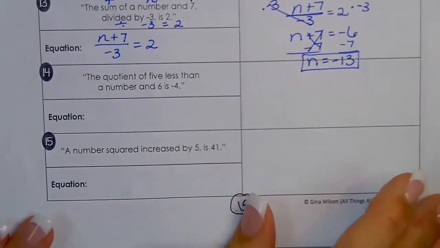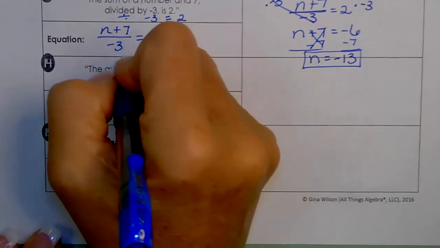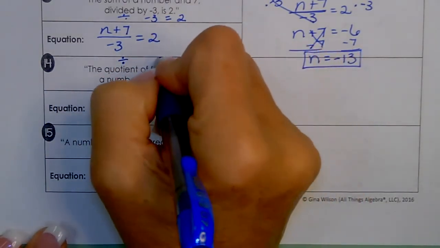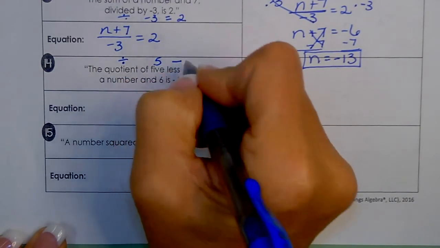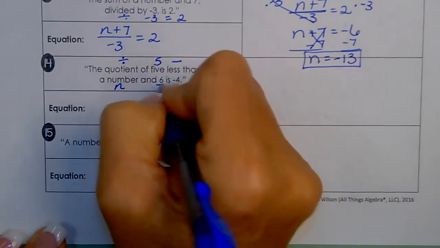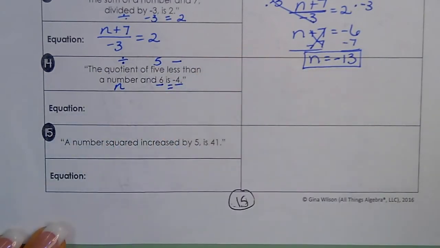Number 14, the quotient of 5 less than a number and 6 is -4. So the quotient is division. 5 less than a number and 6 is -4.